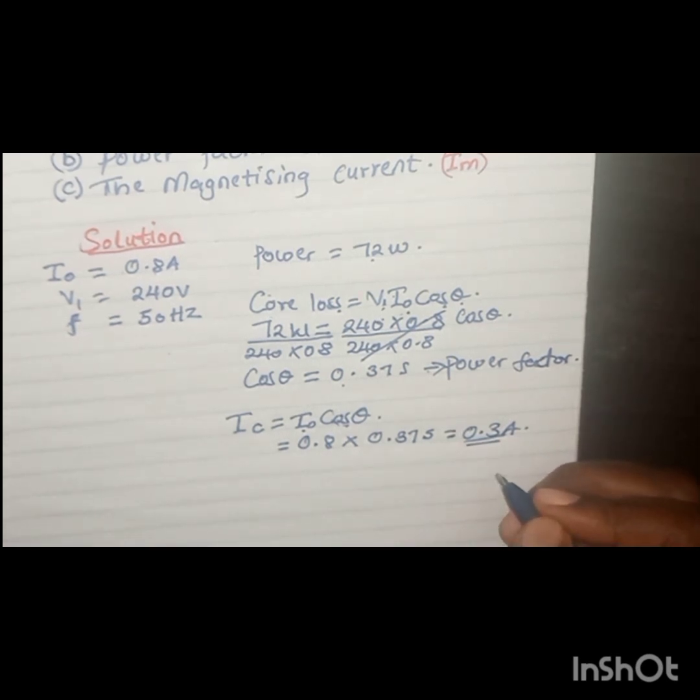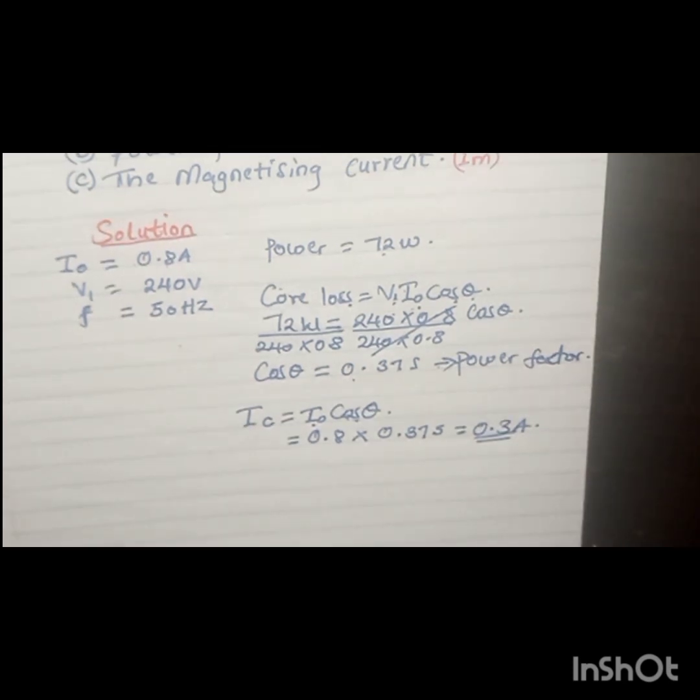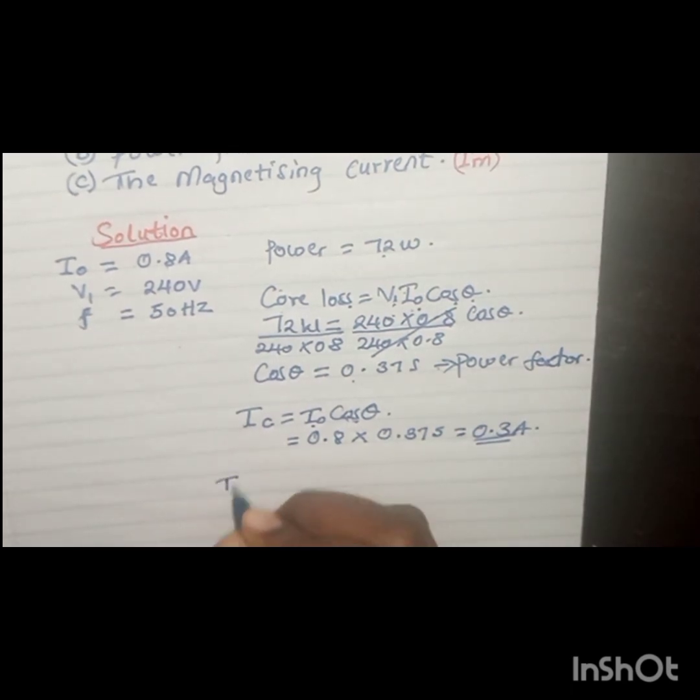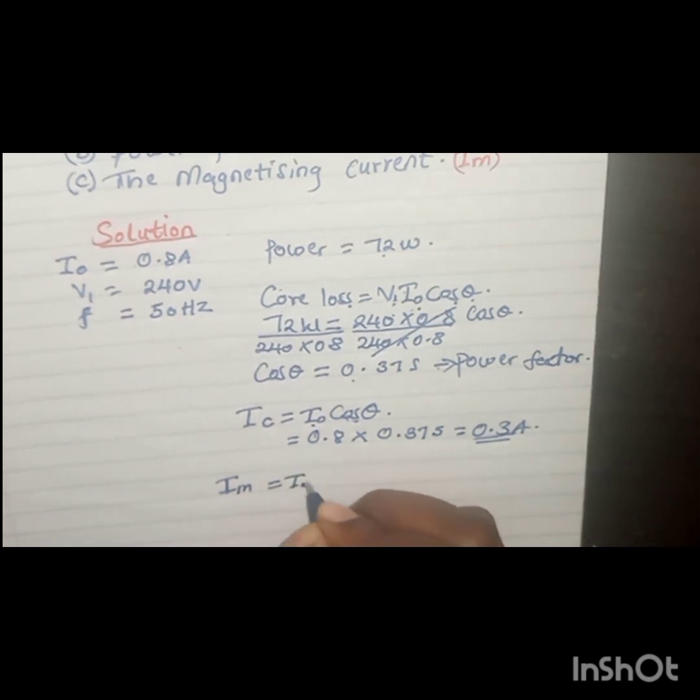We can also get IM, and this IM, the magnetizing current, is equal to I naught sine theta.